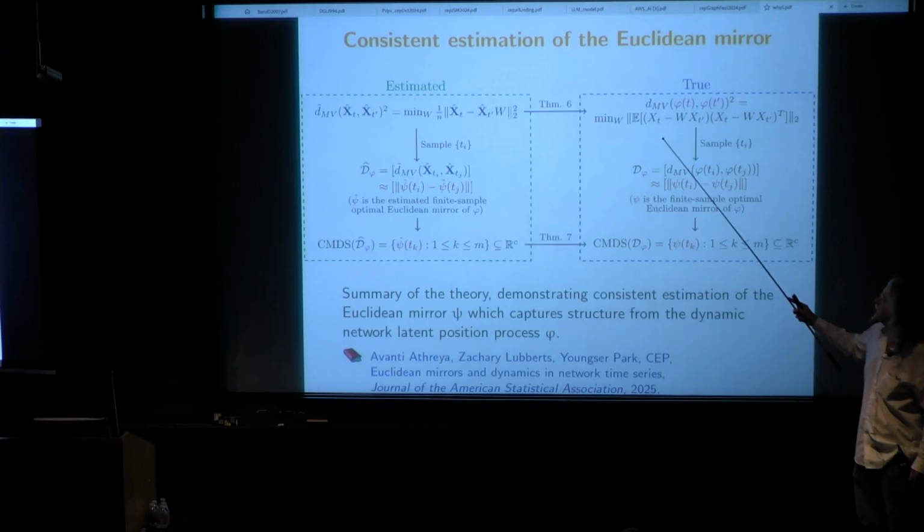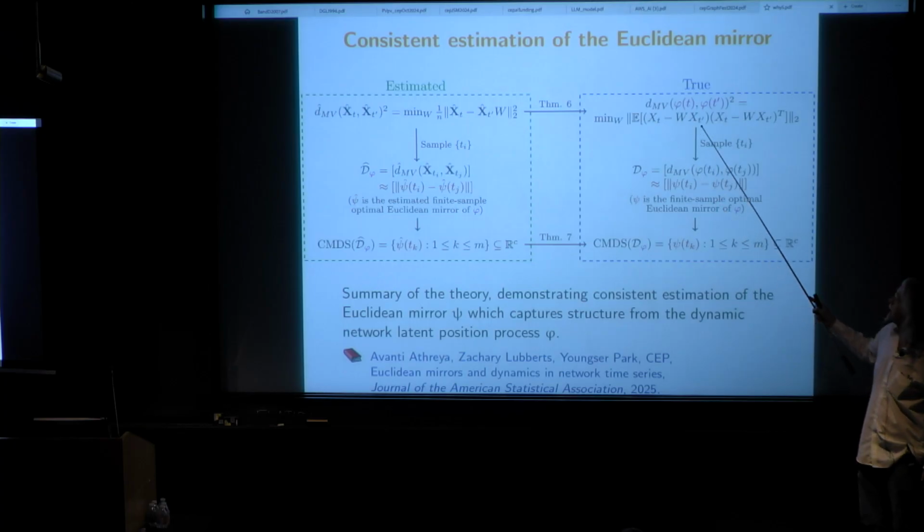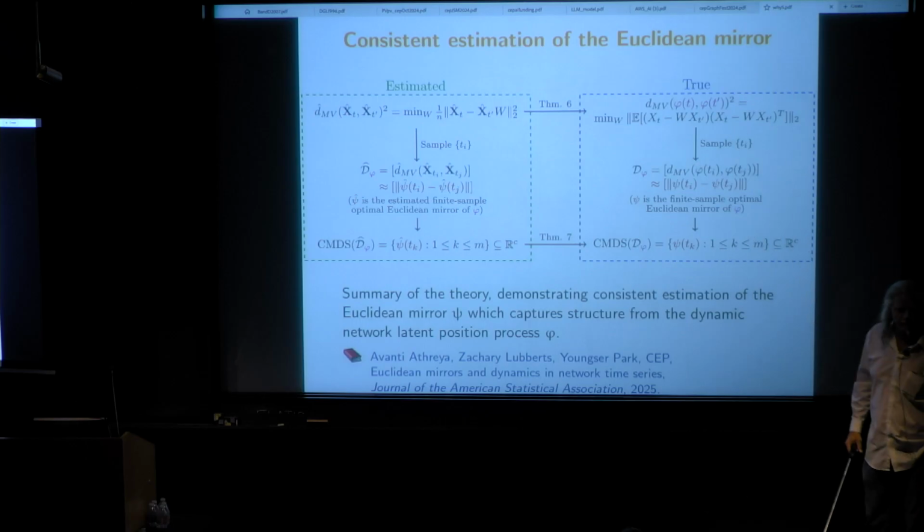I have the latent positions at time t minus time t prime, but I have to do an orthogonal transformation because of inner product behavior, non-identifiability. I do that, square it, and that's my distance function.